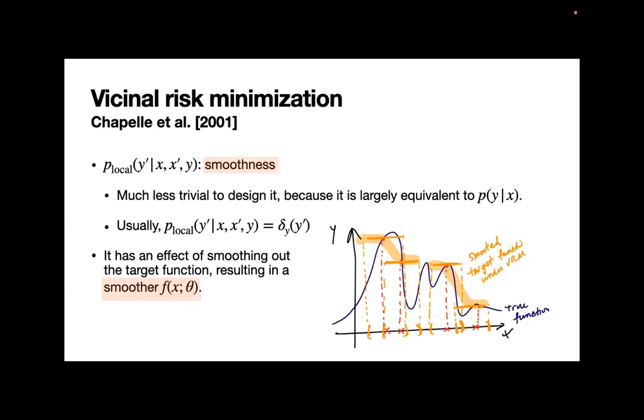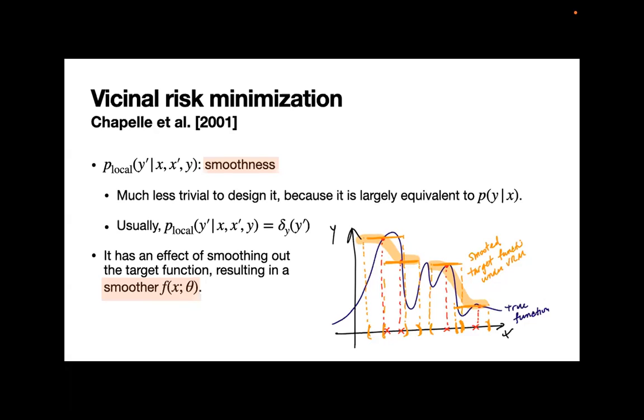It's almost impossible to design it manually, because if we could, it's largely equivalent to just solving the problem directly. Let's imagine that I could design it almost perfectly. Then all I need to do, given a new example, is find the closest one in the training set, and use the training set's label to tell what the label should be. So that's actually just solving the problem. So we can't really design it manually.